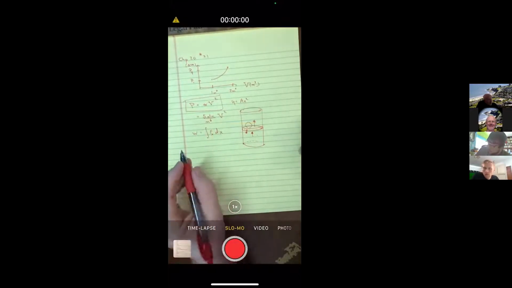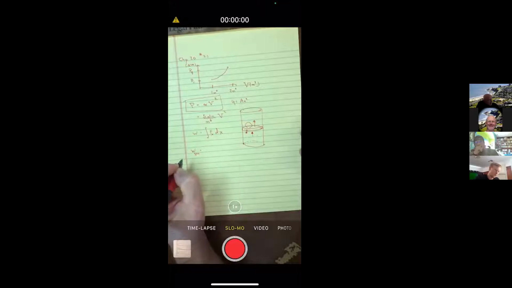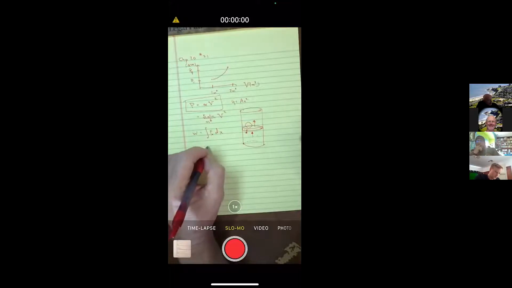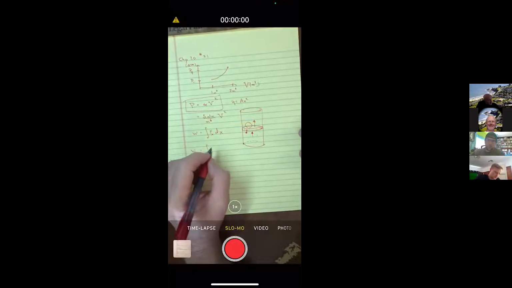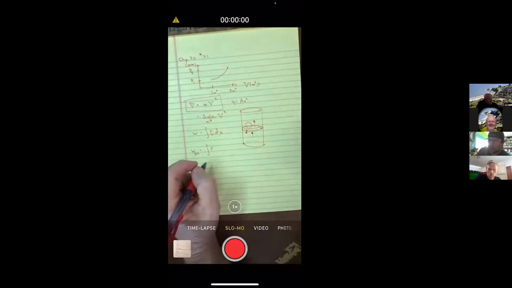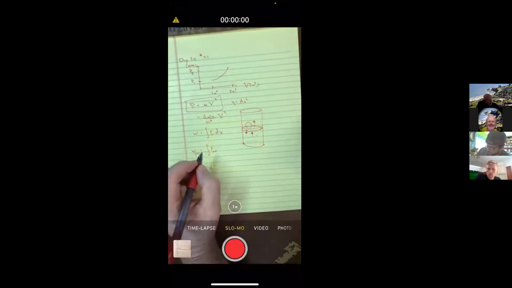And here's what I'm getting at. If we're talking about the work on the gas, we want to look at the force from the outside of the gas, dx.